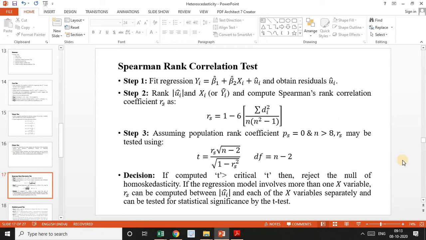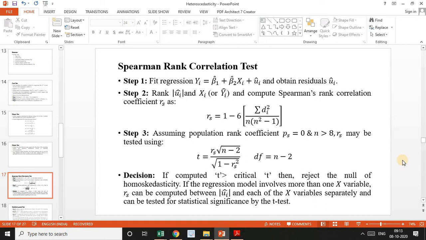In the Park test, the main issue was that ln u cap square and ln xi are not closely associated with the variance, especially when you have a large sample. So Glejser devised another method in which he took the absolute values of u cap as the dependent variable and different types of variables as independent variables, and these functional forms work better than the Park test, especially when you have a large data set.